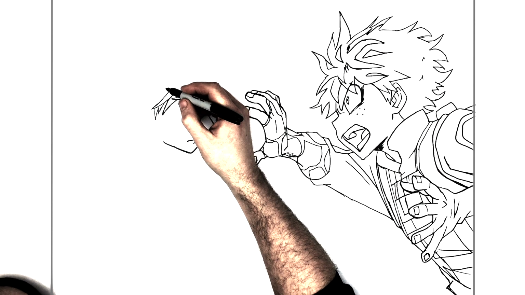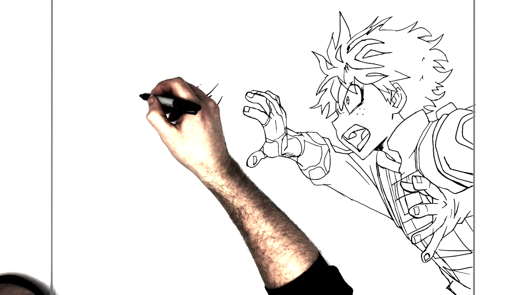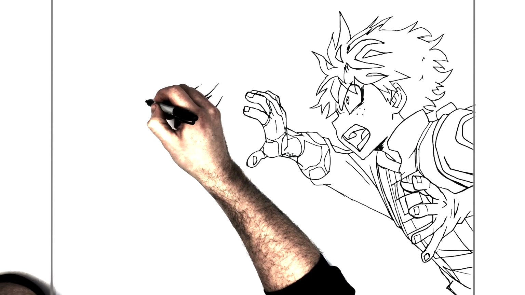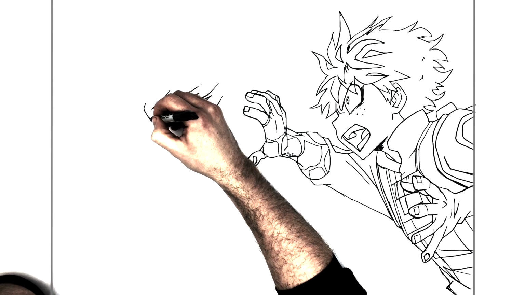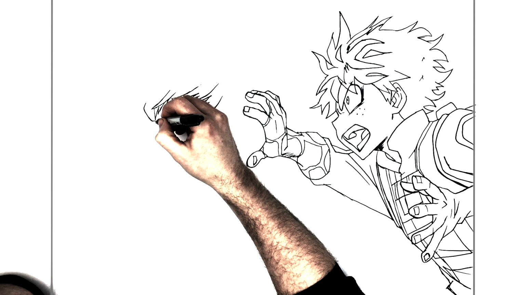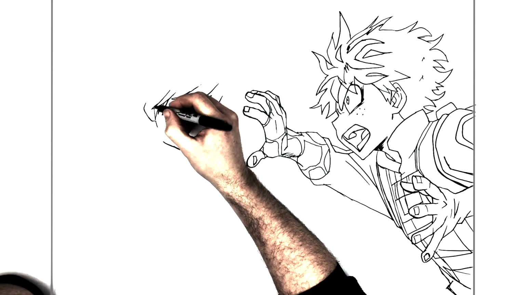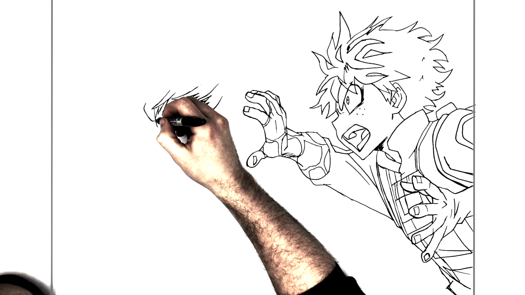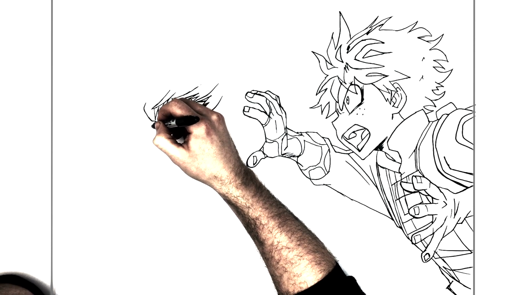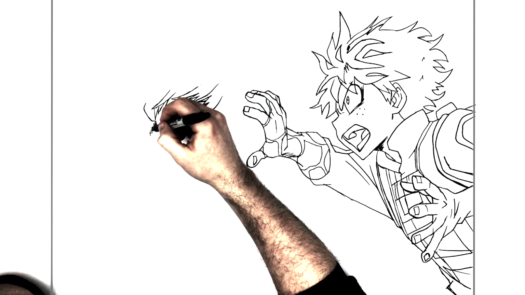Okay, so his ear is just in here. It kind of curves this way, comes down in towards his earlobe, and then we have a slight line for his jaw just there, with some hatching coming down that way.